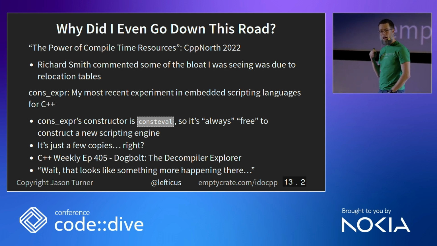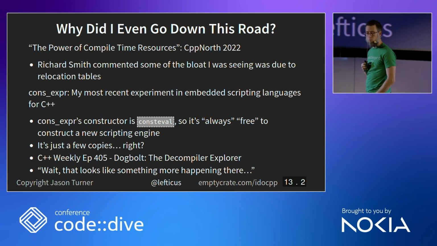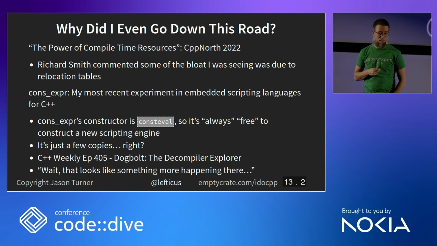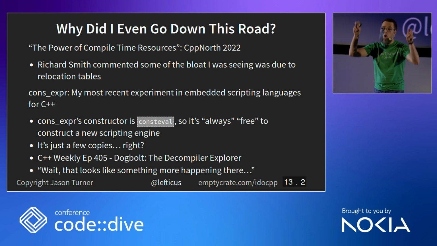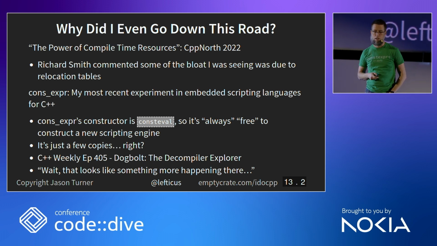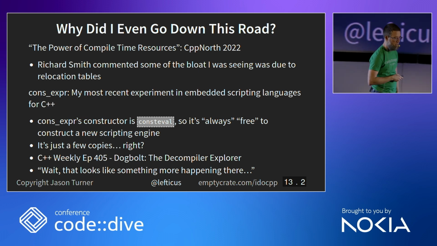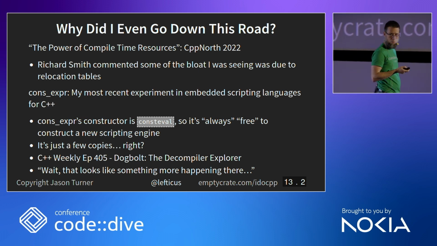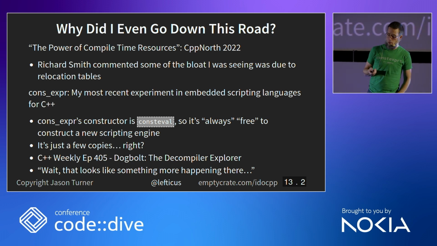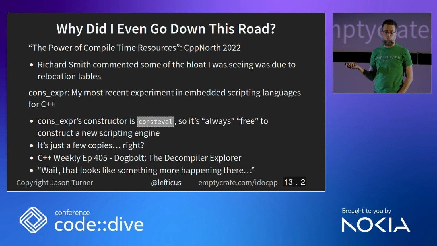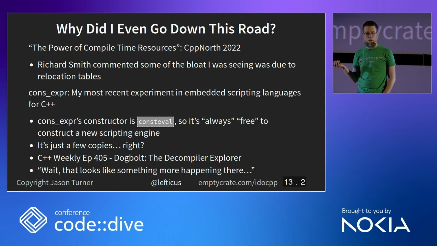Now, when I like to talk about constexpr, I like to point out, because its constructor is const eval, it is always free to construct an object of the scripting engine. Because, I mean, it's const eval. 100% of that's calculated at compile time, which means it's just a mem copy, right? Whenever I want to create a new object of the engine, it's just a mem copy.